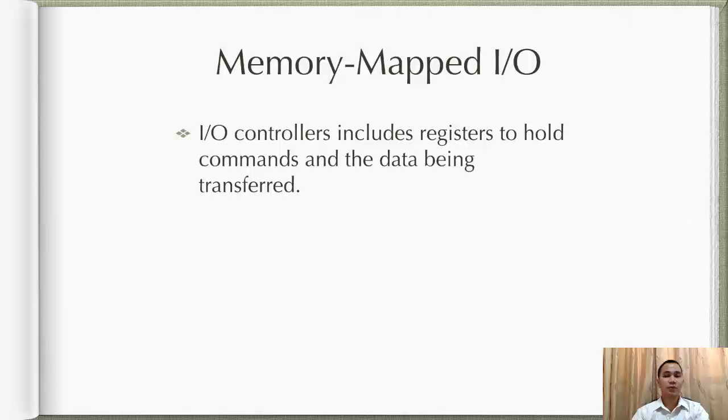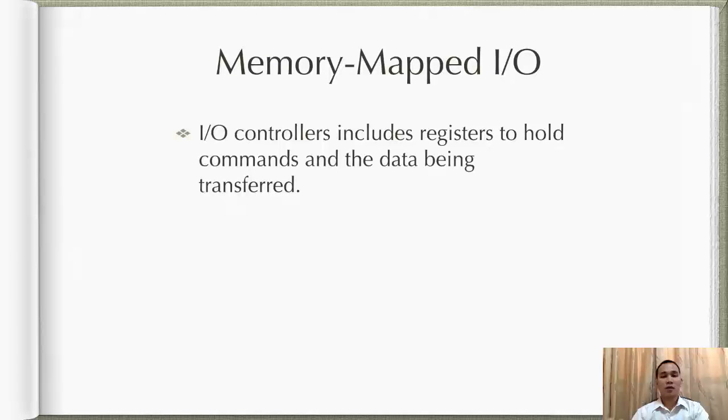For example, I/O controllers include registers to hold commands and the data being transferred. As an illustration, the CPU transfers data in devices by reading and writing to a few of its device registers called an I/O port.